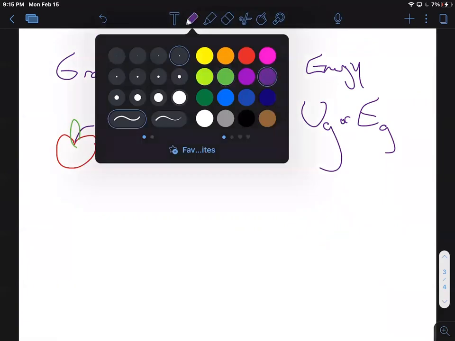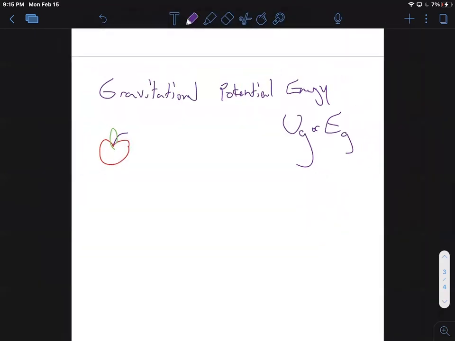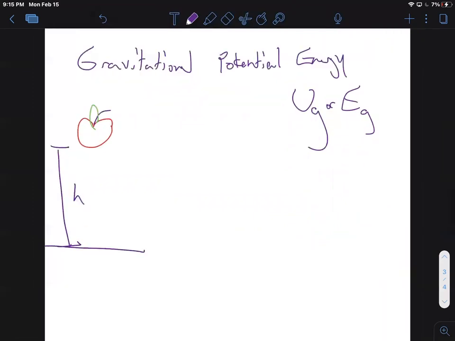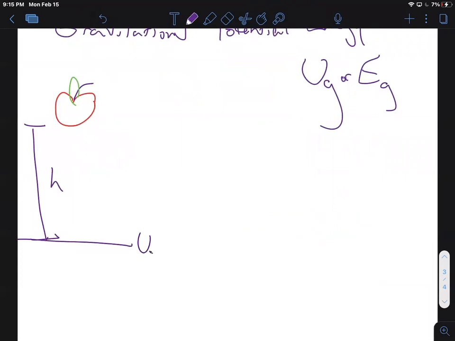This apple is some height above the ground, because we know if we lift things up, we say that they gain gravitational potential energy. We'll say the ground is when we have none. You always have to say at what height you have no potential. Usually it makes sense to make that the ground.